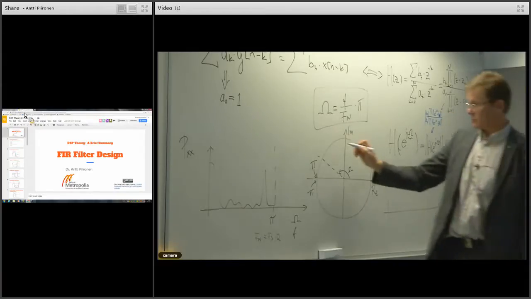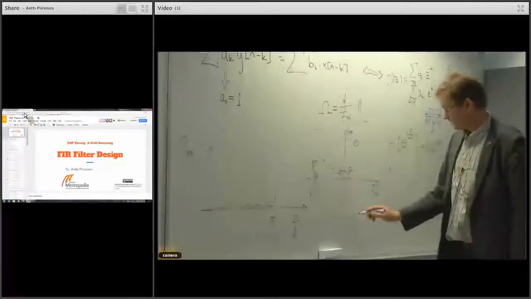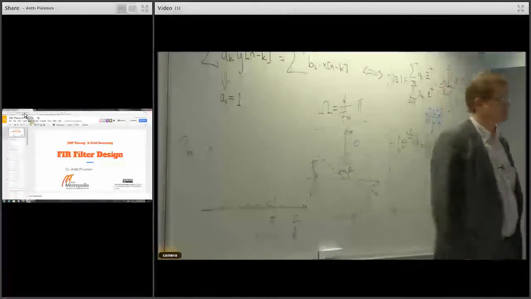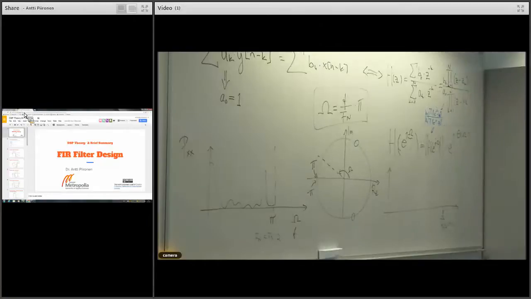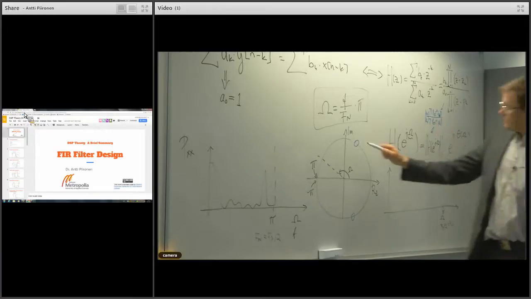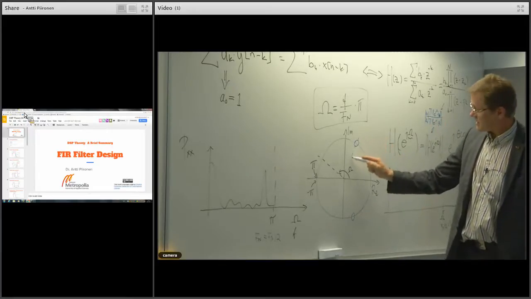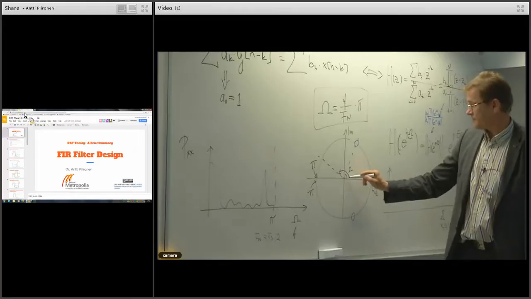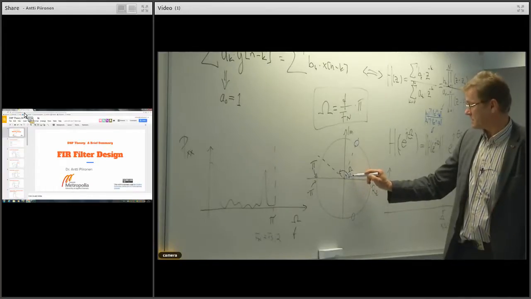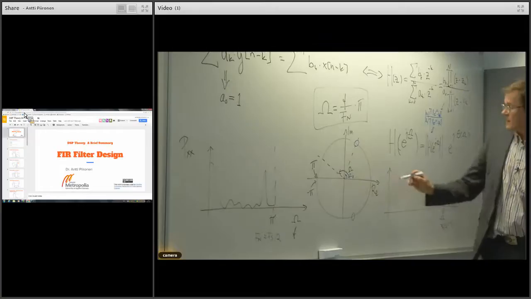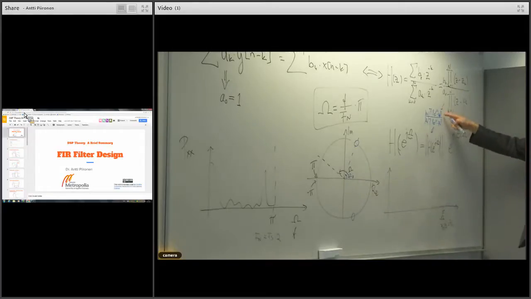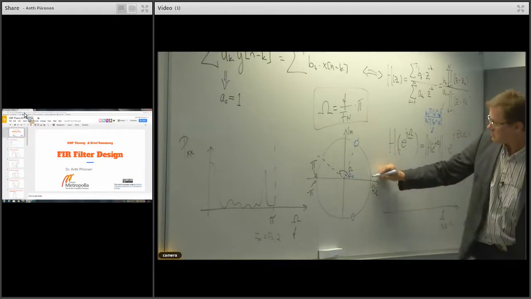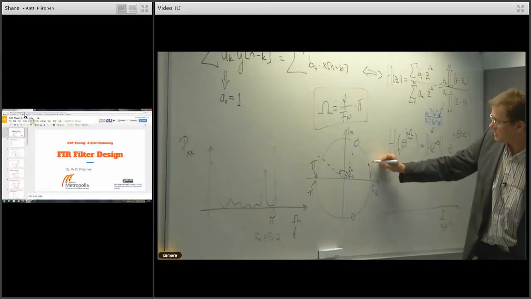If we have a zero point, for example, here, another here, a complex conjugate pair, then if we have the signal on exactly that angle omega, then this amplitude response, the numerator part, goes to 0. At the unit circle, a point at the unit circle would be something here, e to the j omega.